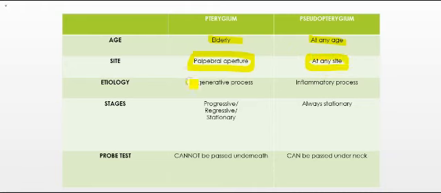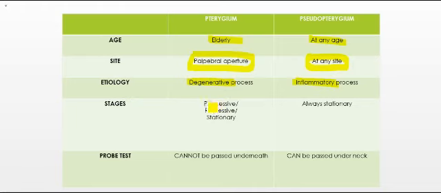Pterygium happens to be a degenerative condition. Pseudopterygium is inflammatory, in the sense that it's an ulceration, that means it's an infective keratitis. So that infection gives rise to an inflammation. Clear? So that inflammation then leads to this attachment of the bulbar fold onto the corneal ulcer. Chemosed bulbar fold on the corneal ulcer.